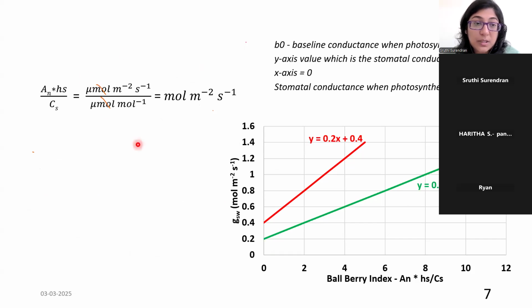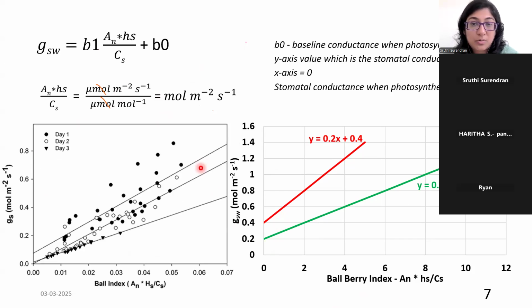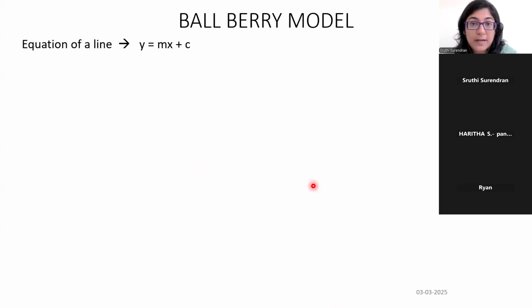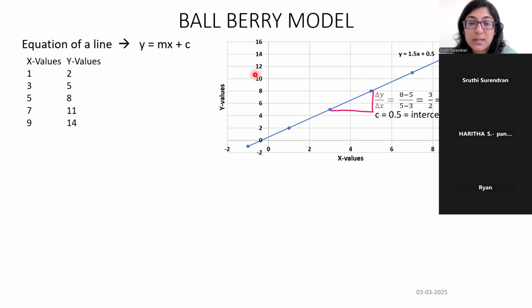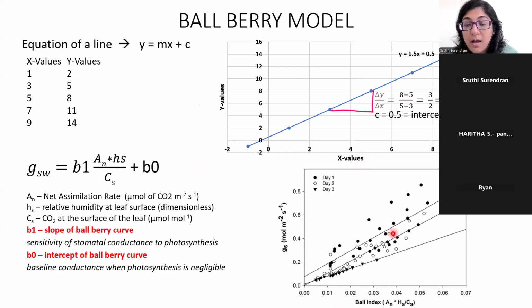We first looked at the unit of this Ball-Berry index, which is similar to the y-axis, mole per meter square per second, and this is how it is derived. We also looked at the slope value, which is nothing but the change in the y-axis over the x-axis. It gives us the rate of change of stomatal conductance with respect to the environmental variables and photosynthesis.